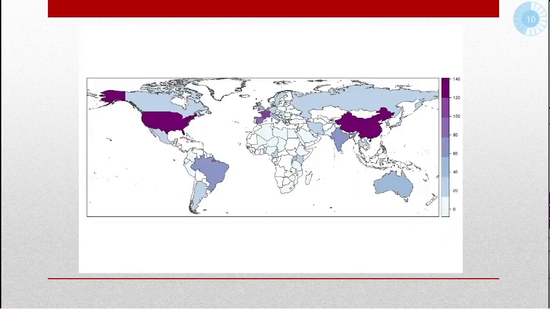The next plot shows the map of the world, and we can see the number of publications for each country. So we can see that Pakistan, for example, has almost zero publications. Many other African countries too.